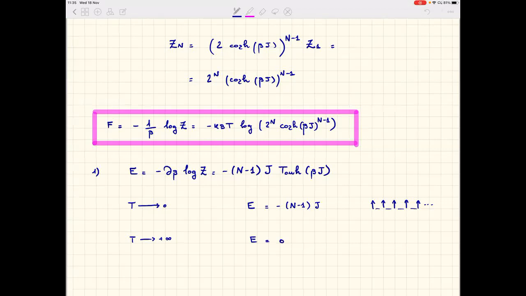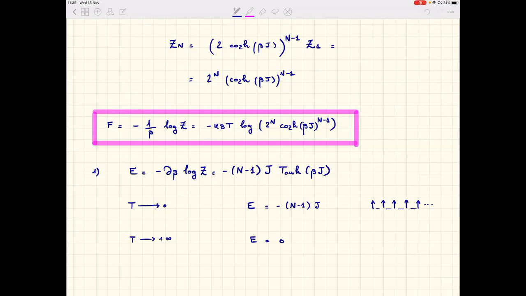It's correct, but too vague. I want something more precise. Because all the bonds are broken, and each spin can take whatever direction it wants.